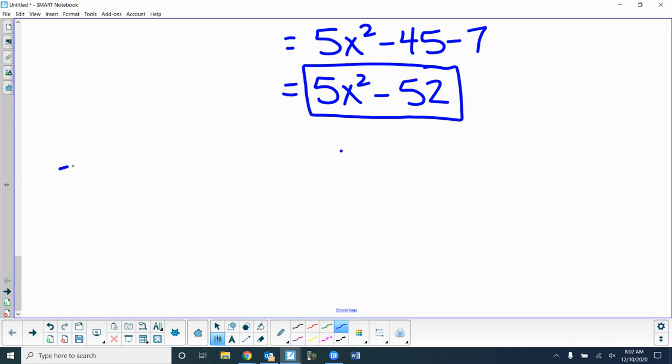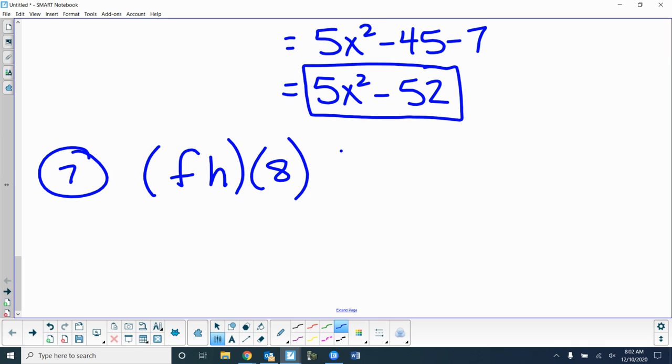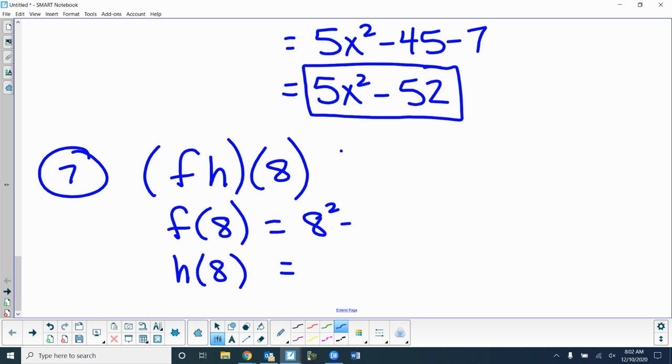Number 7. Back to numbers, and this is multiplication again. There's no symbol between the f and the h. So I'm going to find f of 8 and h of 8, and then I'm going to multiply them. And f, again, is x squared minus 9, so that'd be 8 squared minus 9. 64 minus 9 is 55.